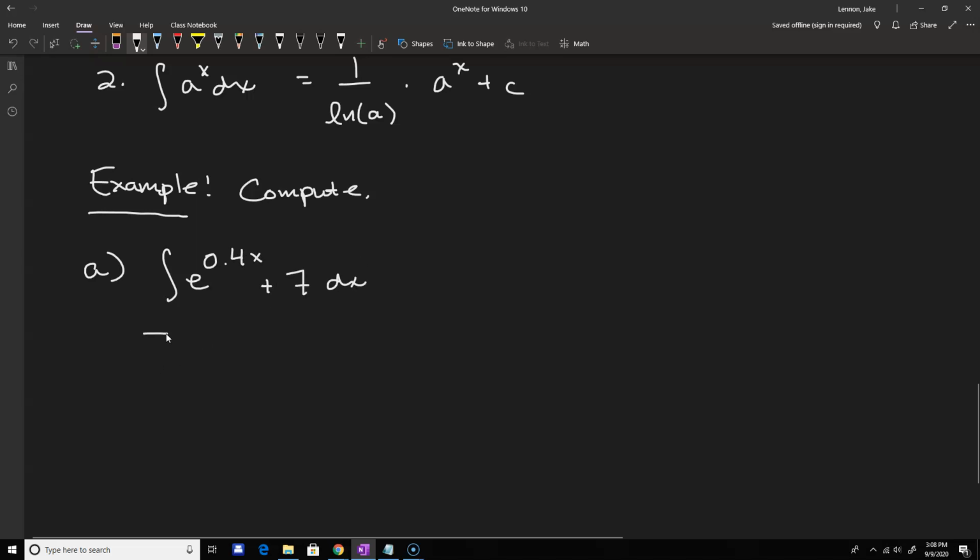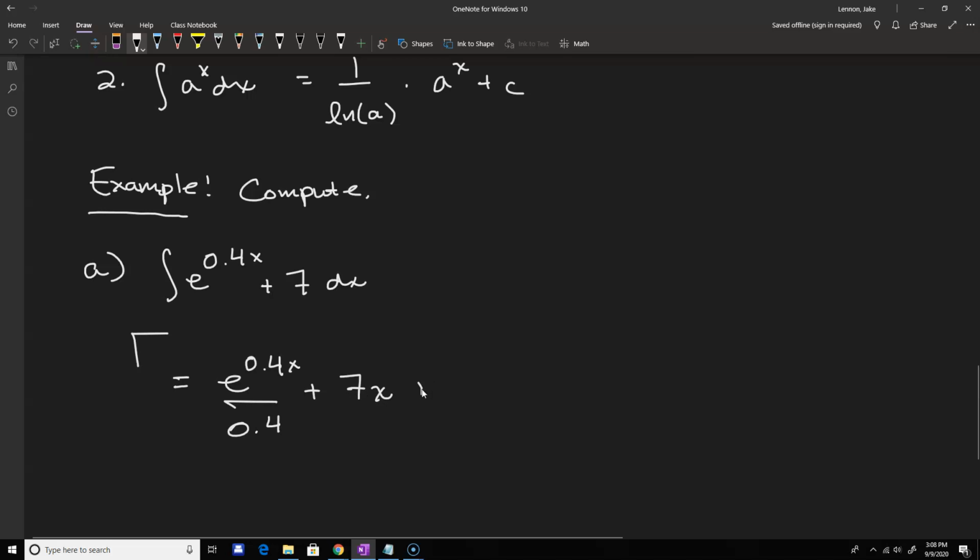Again, we're going to split this up into two antiderivatives. The first part is an exponential function, so that's e to the 0.4x divided by 0.4. And 7 is a polynomial. Remember, the antiderivative of any constant, we just adjoin an x to it. So the antiderivative of 7 is 7x, because the derivative of 7x is 7.